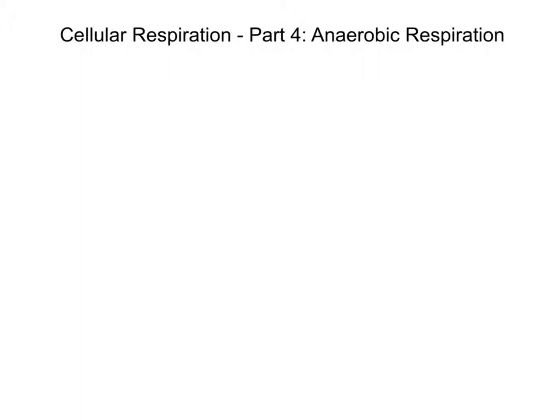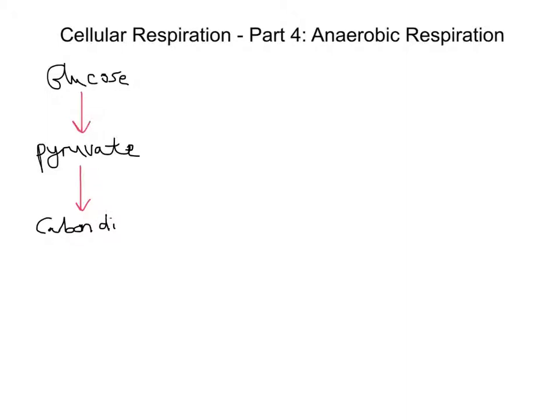And we said, if we just quickly set the scene, that glucose, through glycolysis, gets converted into pyruvate, or specifically 2 lots of pyruvate, that's one thing to note. And then I said with oxygen available, we end up making, if we keep it very simple, carbon dioxide and water.